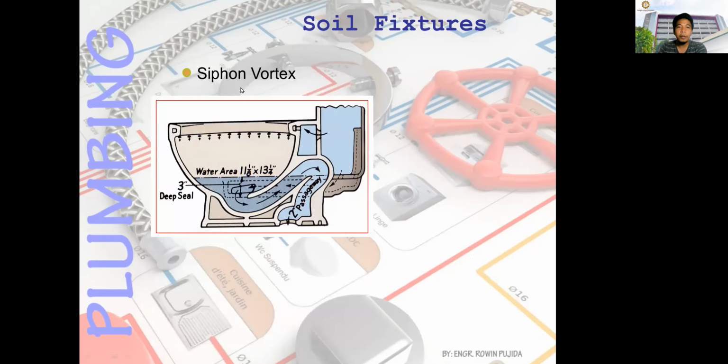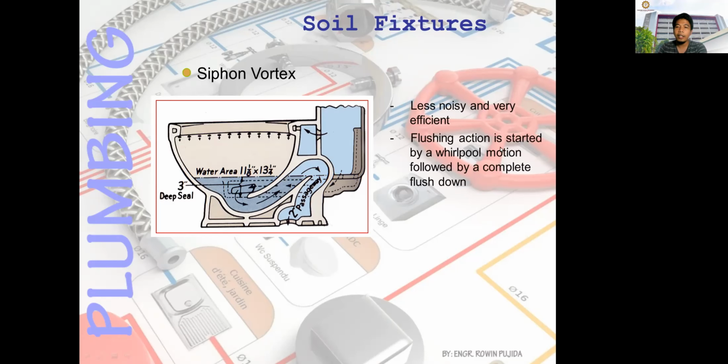Next, we have the siphon vortex. Same idea, you have the flush tank here and then the water goes down and goes back to the passageway. It is less noisy and very efficient. The flushing action is started by a whirlpool. This is commonly used now in water closet design.